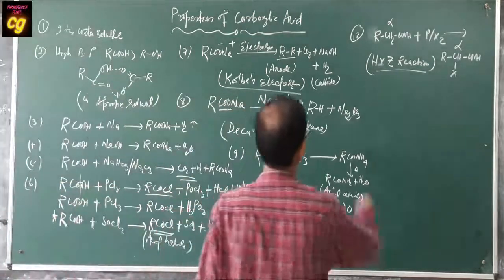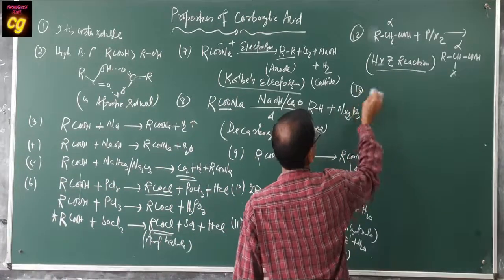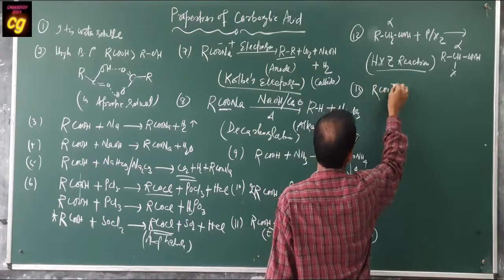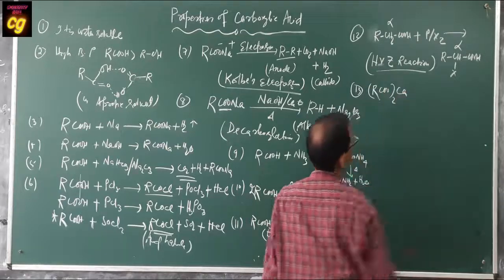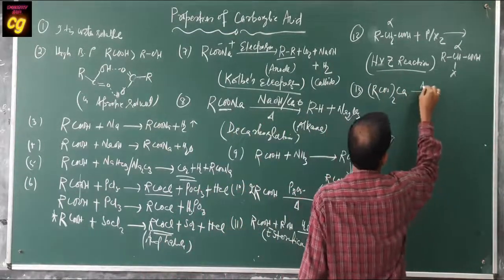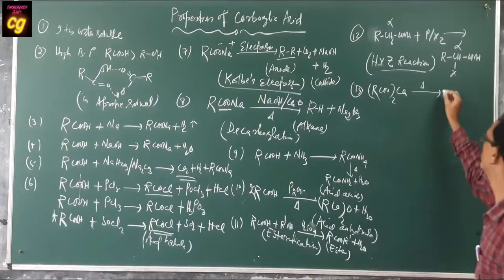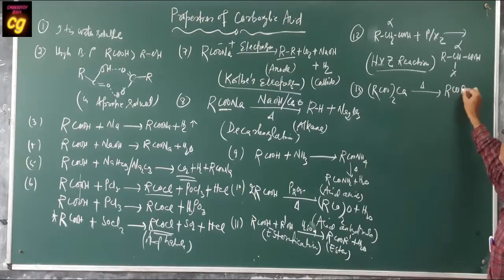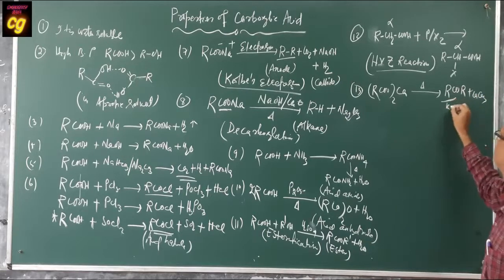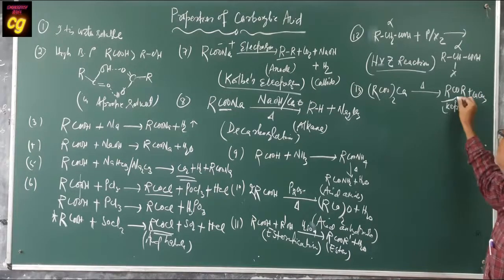We know that the calcium salt of an acid, when heated by dry distillation, the result is ketone plus calcium carbonate. Ketone is formed.